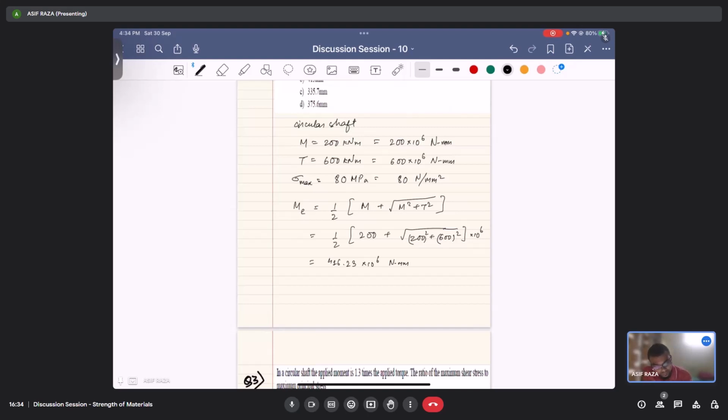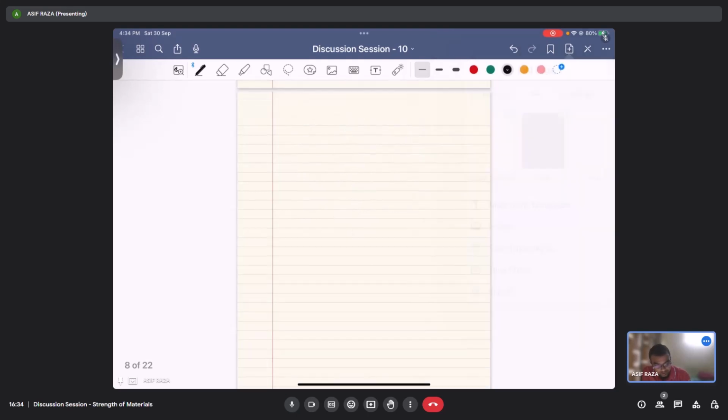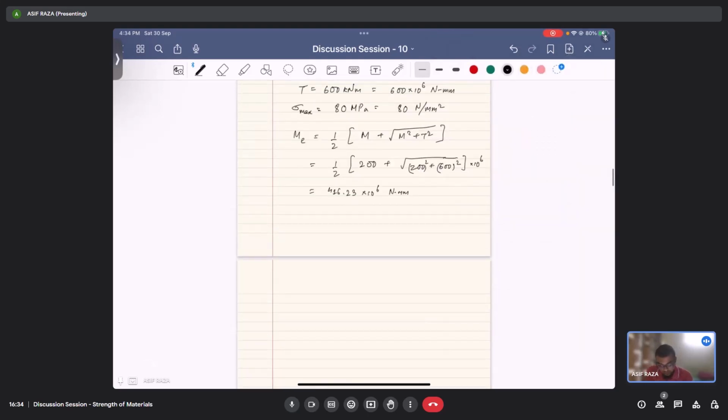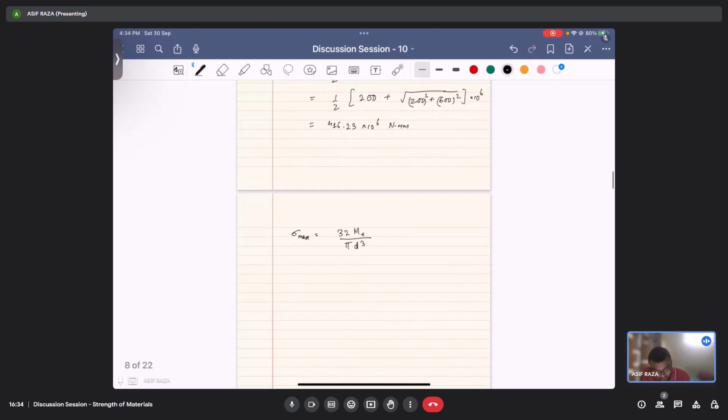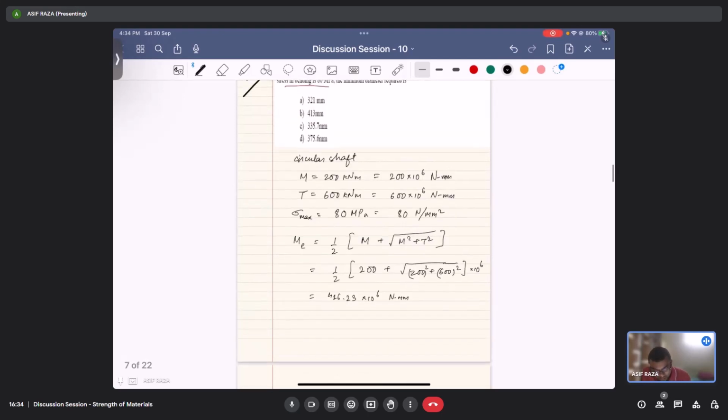Now the next step would be to take the case of sigma max, and that is 32 ME by pi d cube, and we'll equate it.